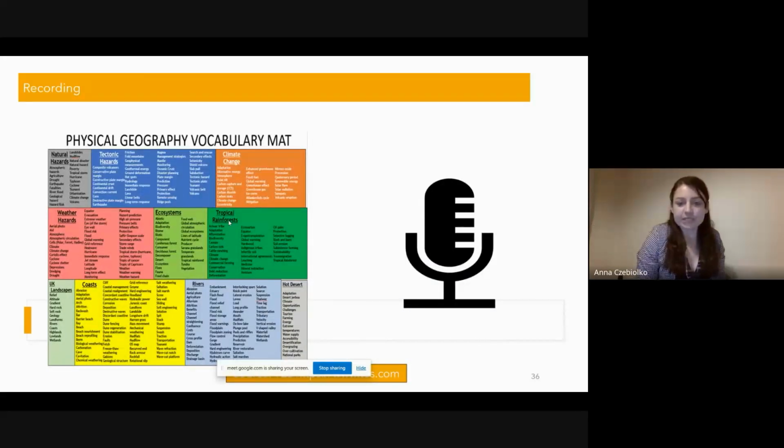And recording. So another idea here, in terms of oracy practice, is to record key vocabulary. So nowadays, with so many options for recording and the technology all over, it's easy to ask students to record vocabulary, bring it as their homework. That may work as well.